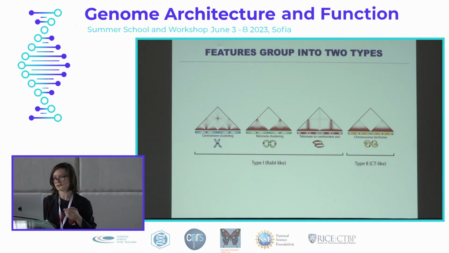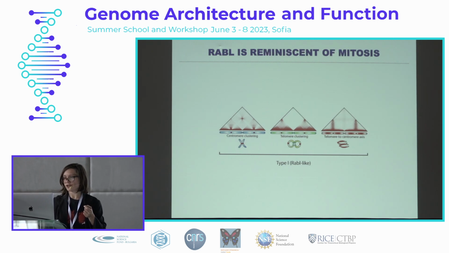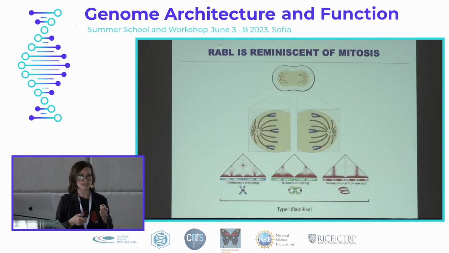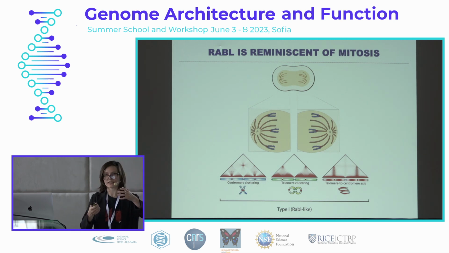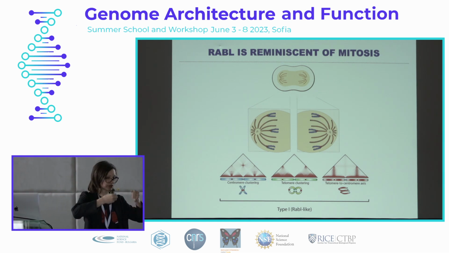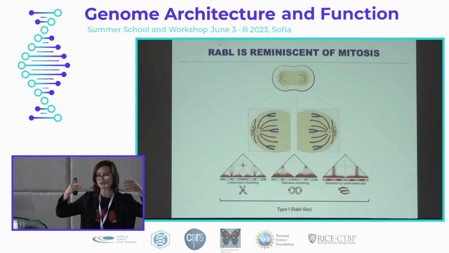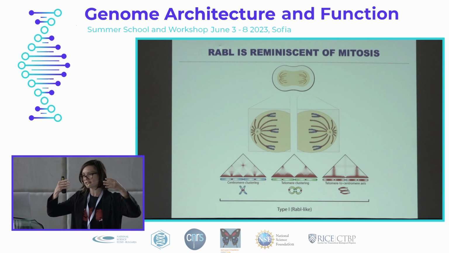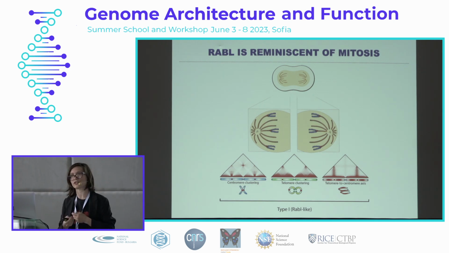Of course, we were interested to understand the mechanism by which this switch is happening. In order to look for potential culprits, we thought that the Rabl kind of looks a little bit like mitosis, because if you think about what happens during mitosis when the cells divide, the chromosomes get dragged by the centromeres, which naturally creates this clustering of the centromeres, clustering of the telomeres, and the whole telomere to centromere axis.